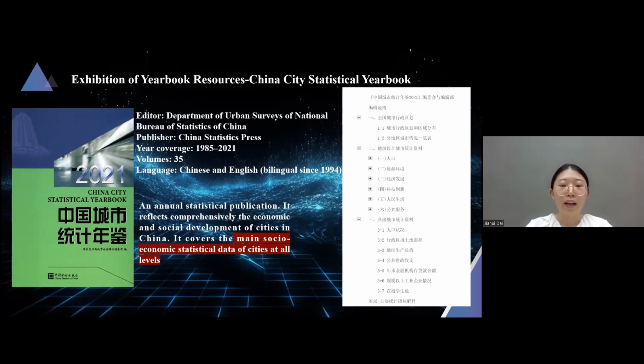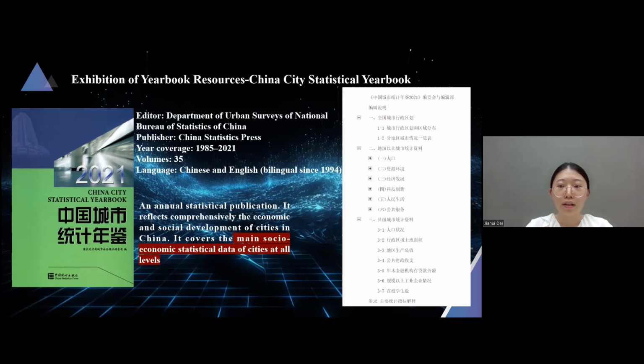First of all, it includes the administrative division of all cities, listing city distribution by region and level, and the statistical data of cities at the prefectural level and above, covering population, resources, environment, and economic development.